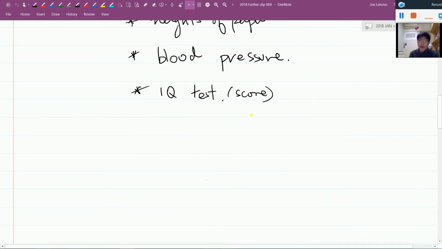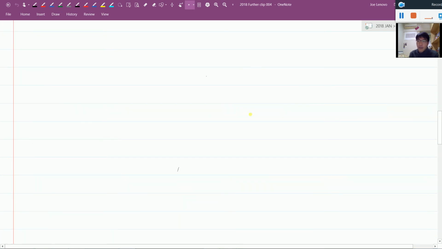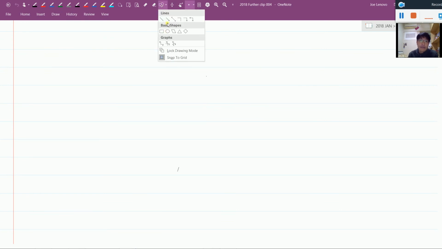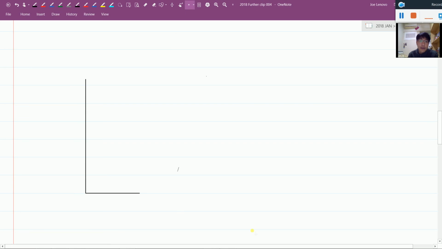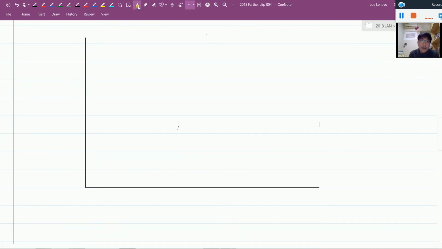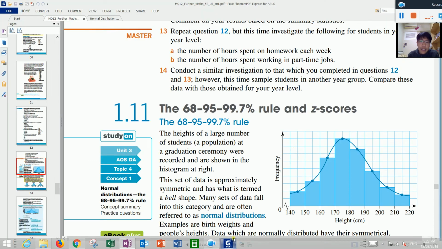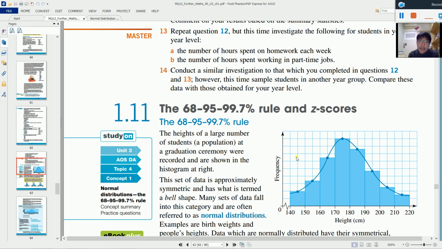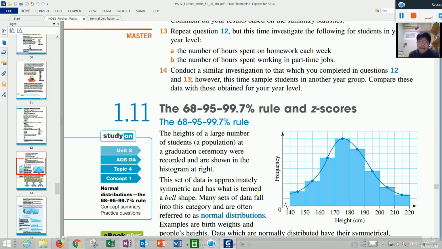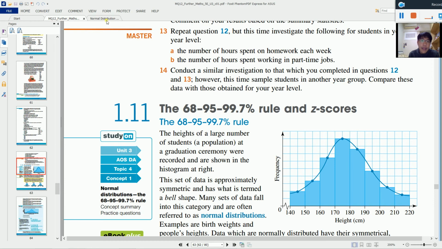So for the rest of the class, we will look at the bell curve together. I'd like to show you one of the documents. I find the document in the book not detailed enough, so I basically have some additional information for you.